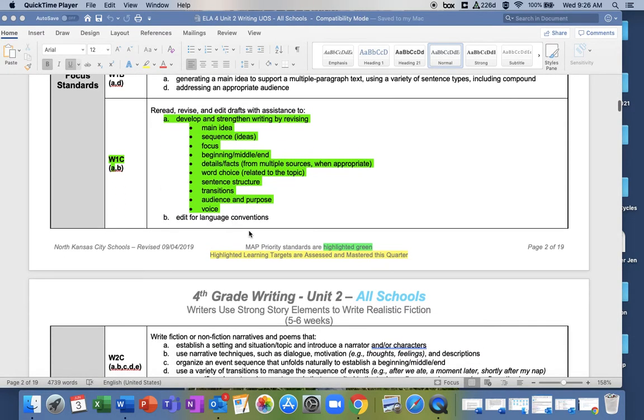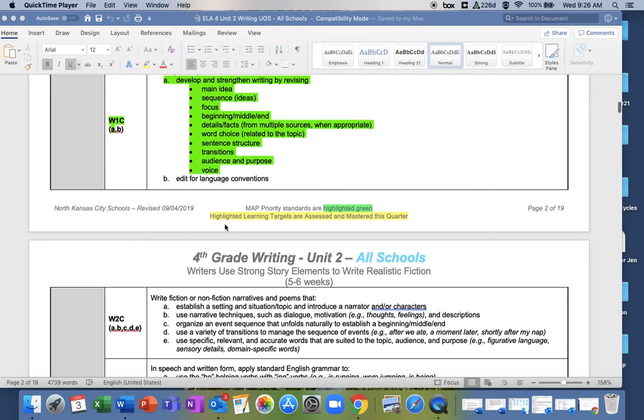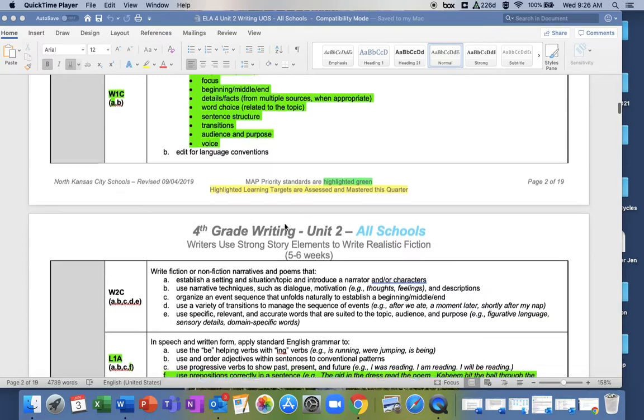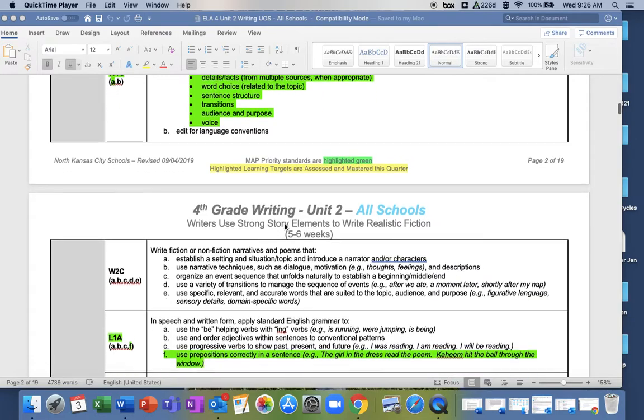And if you notice right down here, some are highlighted in green and some are highlighted in yellow. The focus standards that are in green are your MAP priority standards. So these standards will be assessed when it comes to MAP time. The yellow ones are what we really want to think about as we move through the unit. These are the standards that will be assessed at the end of each unit.